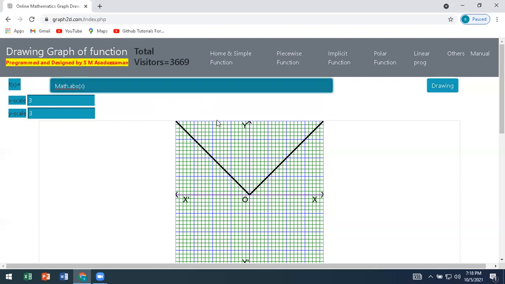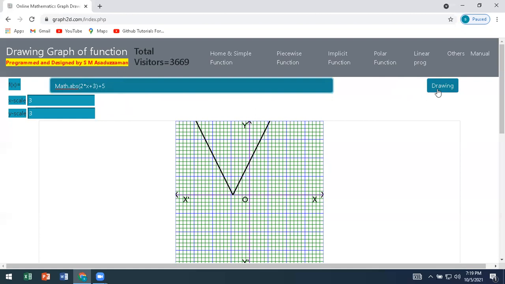Then x minus 3: press drawing, then we find the absolute value of x minus 3, or x plus 3. Press the drawing button, or 2x plus 3, 2 star x, or the absolute value of 2x plus 3 plus 5.